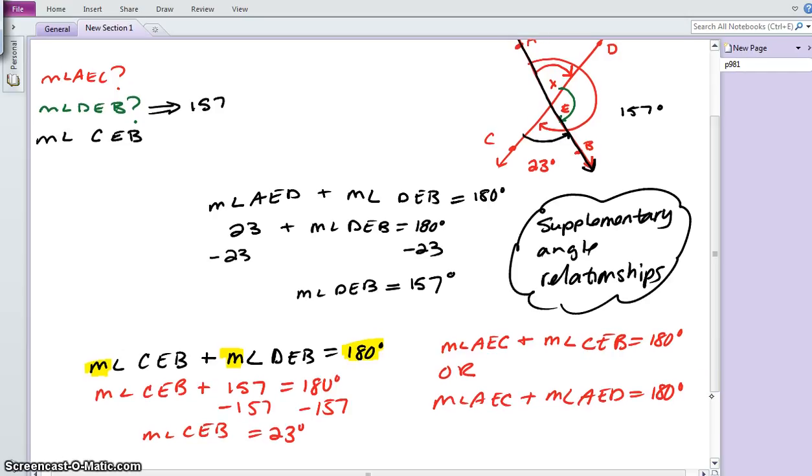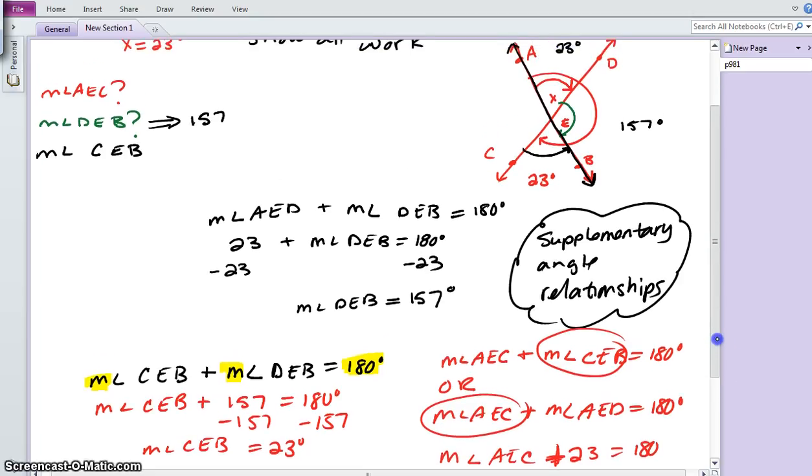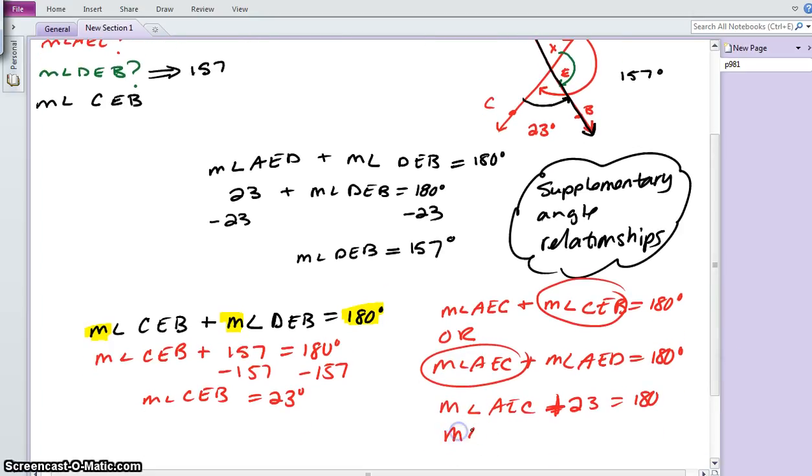And since we know that CEB and AED are both 23, the measure of angle AEC plus 23 equals 180. So I have the measure of angle AEC also 157 degrees.